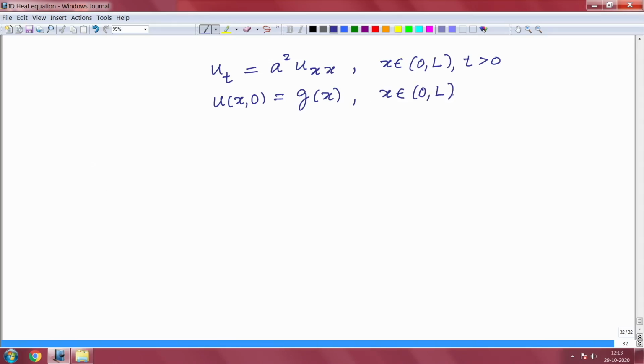So, before prescribing the boundary conditions at x equal to 0 and x equal to L, let us begin with the procedure for this Fourier method or separation of variables.